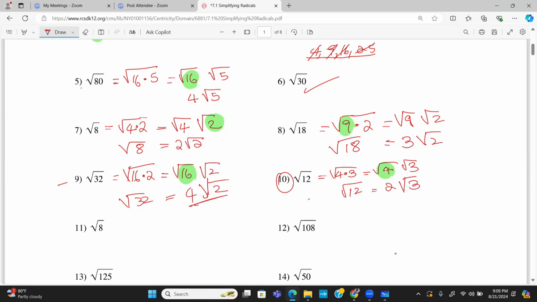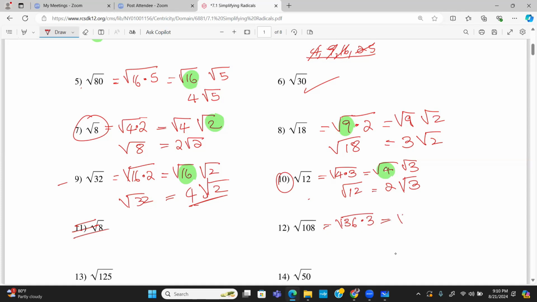For number 11, we have root of 8 again, but we just did it here. So we're going to skip that one. So number 12 actually says the root of 108. Now for the square number that I'm looking for, I'm going to use 36. 36 times 3 gives me 108.